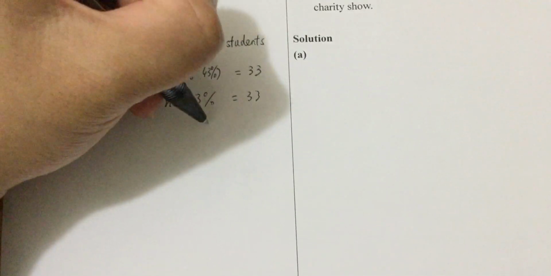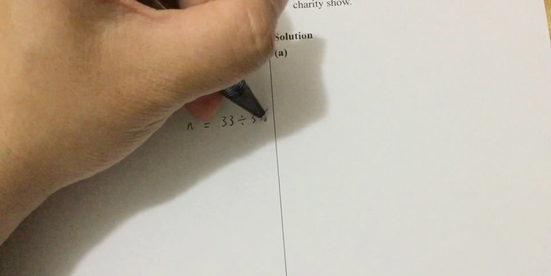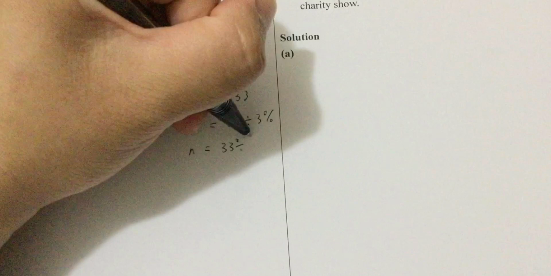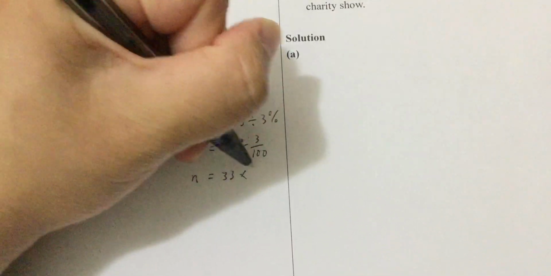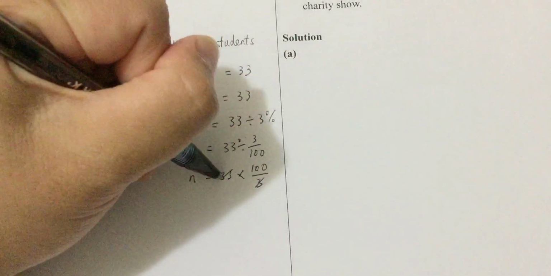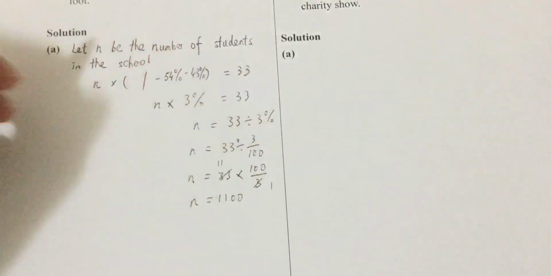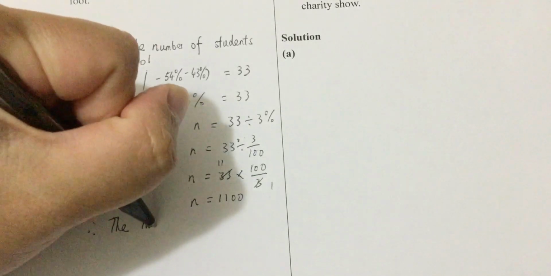Then you will see n is equal to 33 divided by 3%. n is 33 divided by 3 over 100. And you have n equals 33 times 100 over 3. And then we do the cancellation. This is 11, this is 1. So n equals 1,100.